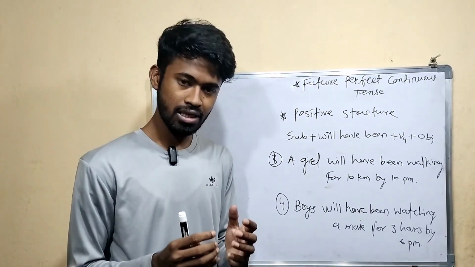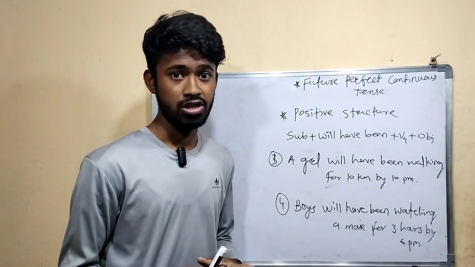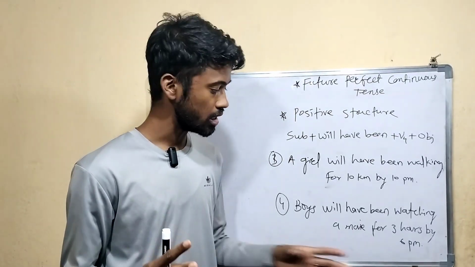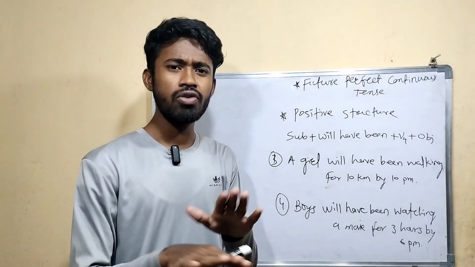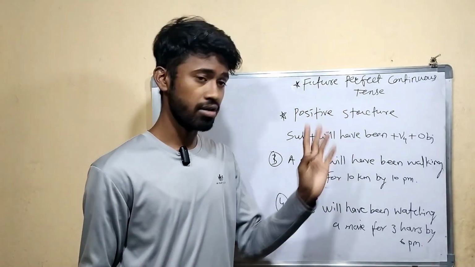Whenever an action is continuous, it comes in the perfect continuous tense. And in the future, before 6 p.m., you will complete watching your movie. So it comes in the future perfect continuous tense.